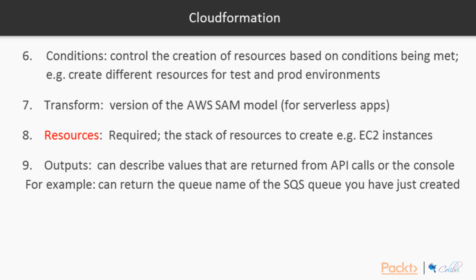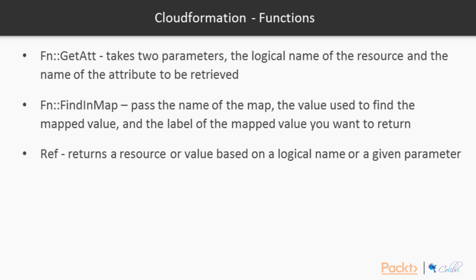You can use this to describe values that are returned from API calls or the console. Example, through outputs you can return the queue name of the SQS queue that you have just created using your CloudFormation template.